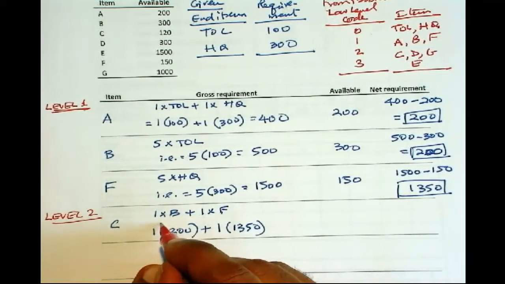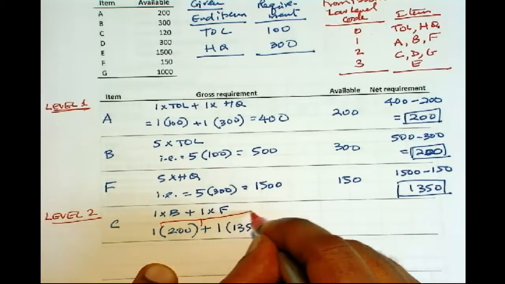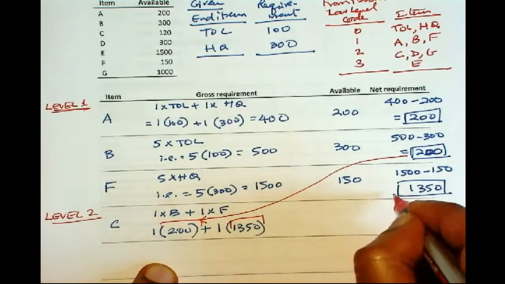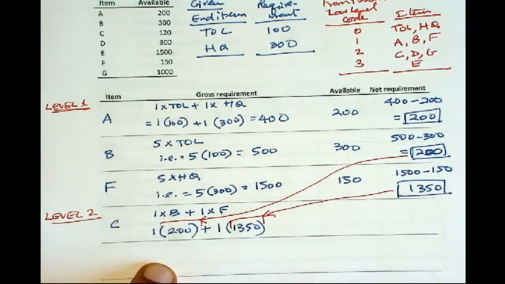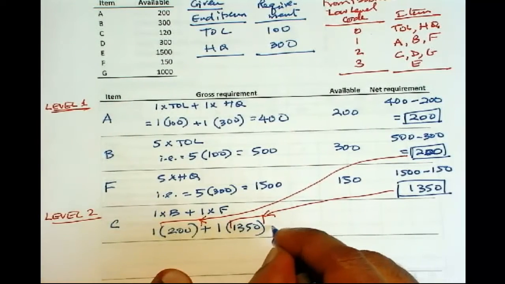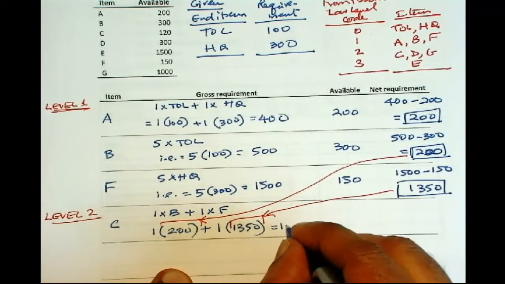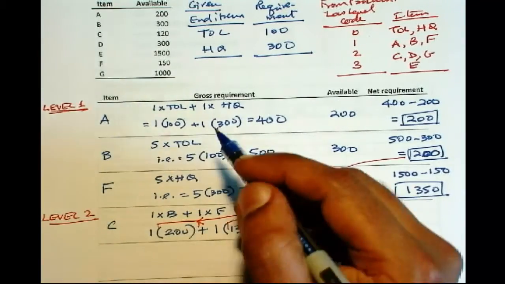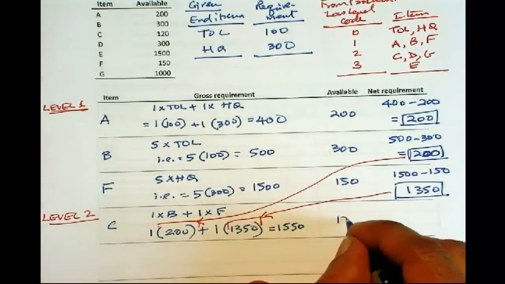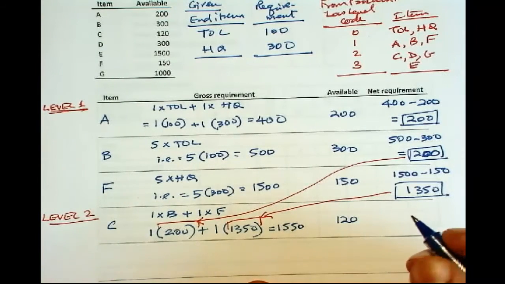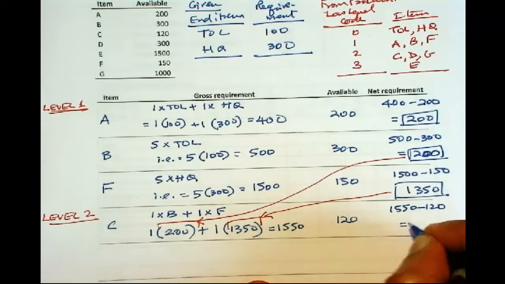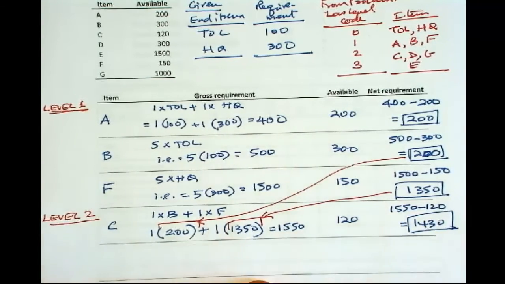So here this 200 comes from there, and this 1350 comes from there, so that gives you 1550, and for C the available inventory is 120, so 1550 minus 120 is 1430.